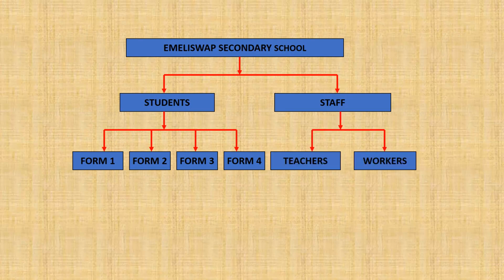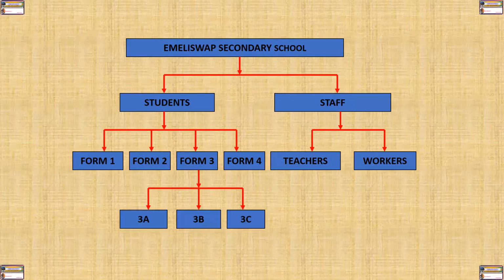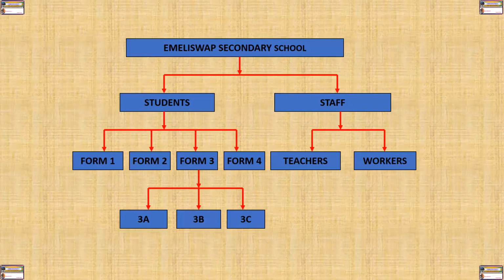Further, the staff information can be split into two. We have staff who are teachers, and we have staff who are the support staff or other workers. If we pick Form 3, Form 3 can be broken down into several classes, like Form 3A, 3B, 3C. So that's a hierarchical structure.